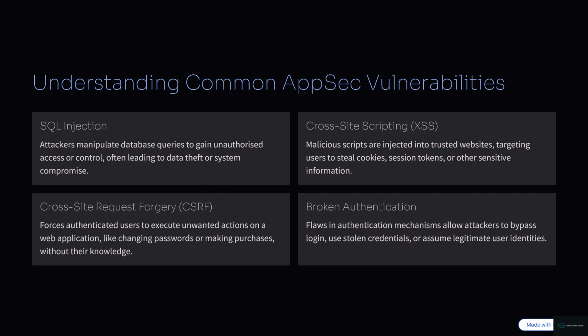Let's talk about the common vulnerabilities that I mentioned in this slide. The first one is SQL injection. It is a vulnerability where an attacker injects a malicious SQL query or code into a field, manipulating the backend database to access or modify sensitive data.